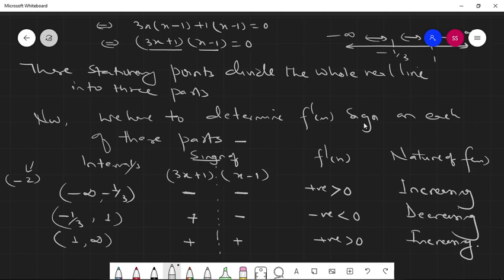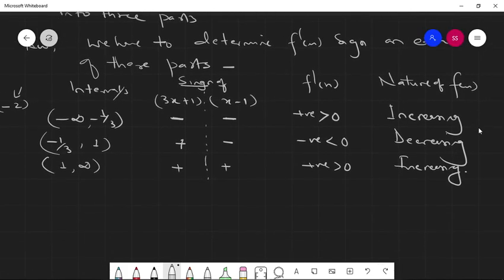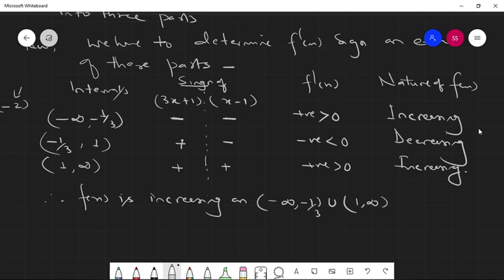So finally, f of x is increasing on minus infinity to minus 1 over 3 union 1 comma infinity, and decreasing on minus 1 over 3 comma 1. In this way we can solve this question.